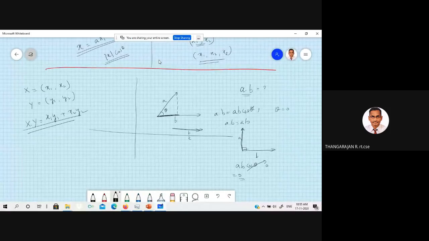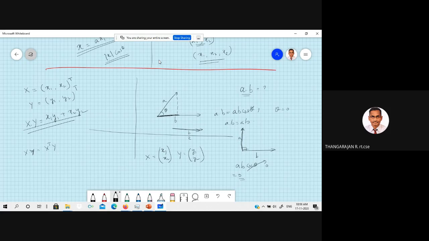You may not remember this, so what you have to do is write it in matrix notation. That is, x dot y is equal to x transpose y. What do we mean by x transpose? Generally in linear algebra, x is represented as a column vector, so when I say x, it means x1, x2 as a column, and when I say y, it means y1, y2.